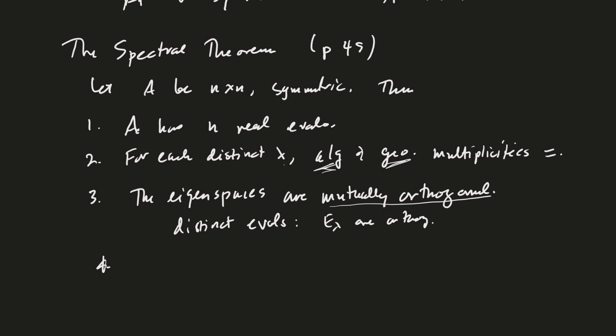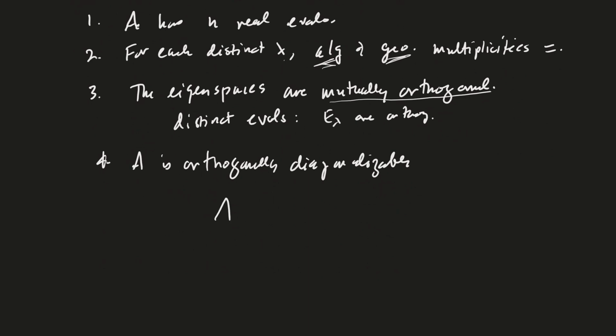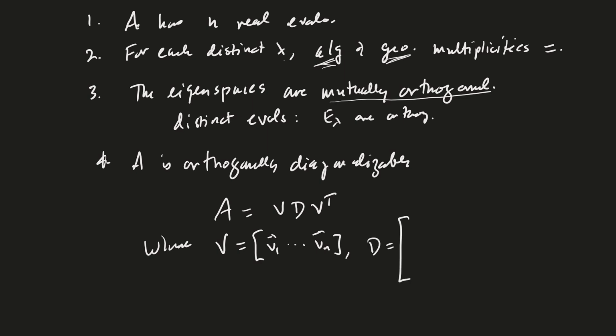4. A is orthogonally diagonalizable. Meaning that we can rewrite A as V times D times V transpose, where V is the set of eigenvectors, D is the matrix of eigenvalues, a diagonal matrix with the eigenvalues along the diagonal.